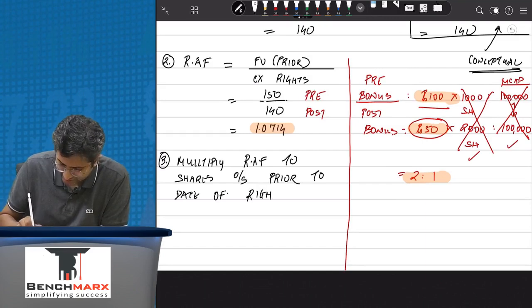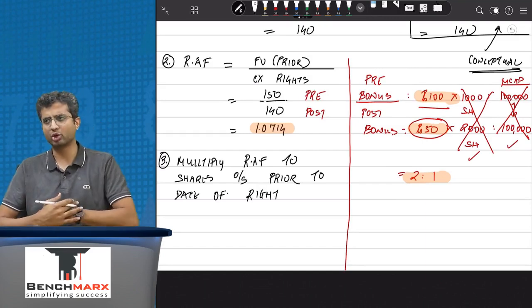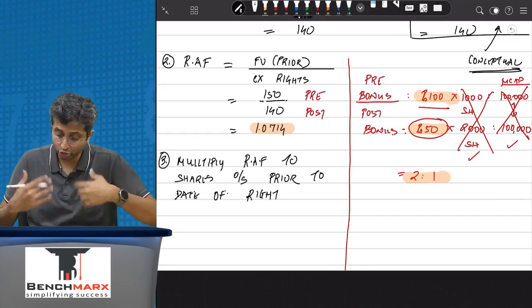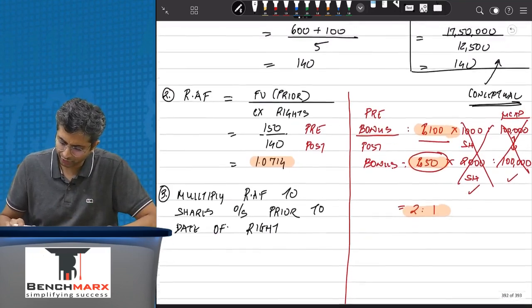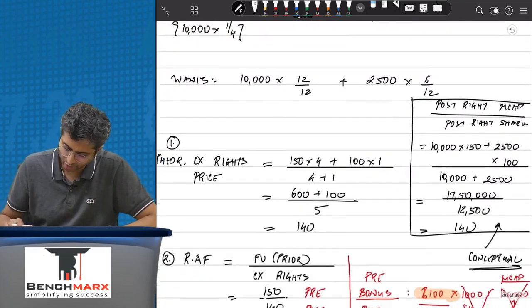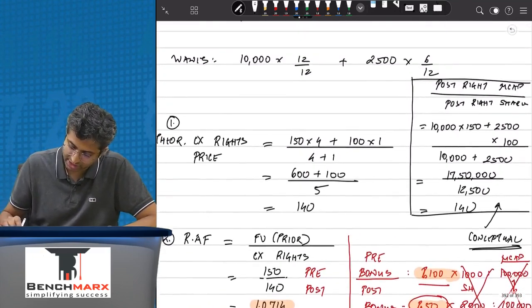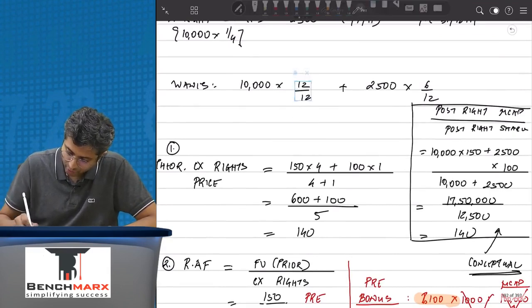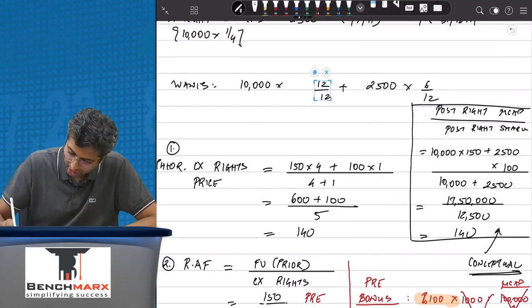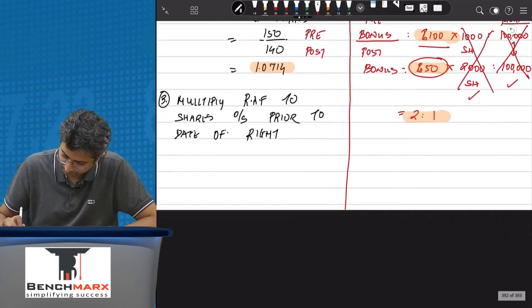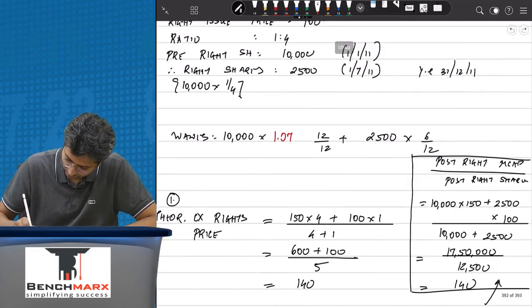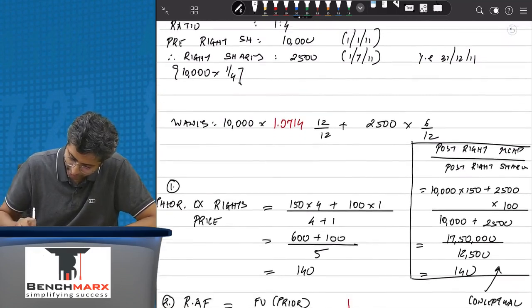Acha, if you are still not clear and you want to understand it conceptually, I will make one more attempt using a different method. First, let me just try to find the EPS over here, or try to find the vains over here, in which case the vains would be, you will have 10,000 into 1.0714 into 12 by 12.